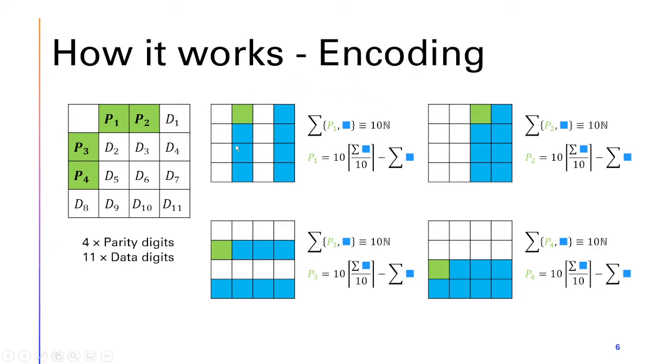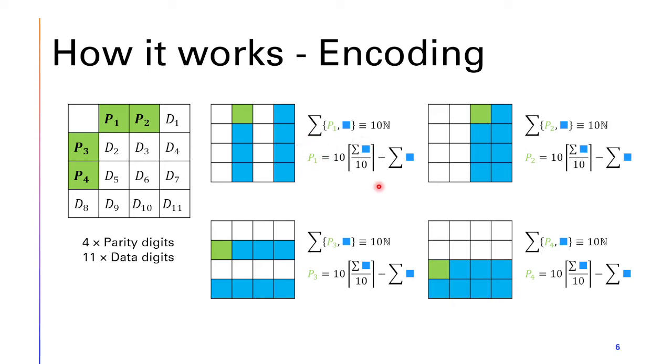If you add P1 up with the other 7 blue squares, the sum of the 2 vertical columns should add up to a multiple of 10. And since you're trying to calculate P1 given the other data digits, you need to rearrange the equation.